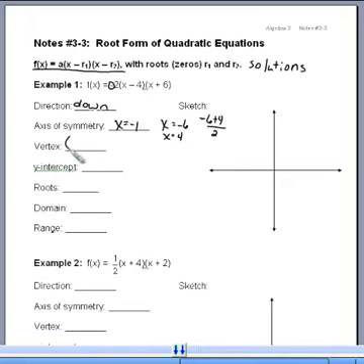On the vertex, that tells us the x value of the vertex, so we can plug that into the root form and figure out what the y would be at -1. So we have -2 times (-1 minus 4) times (-1 plus 6), and that's going to be -2 times -5 times +5.